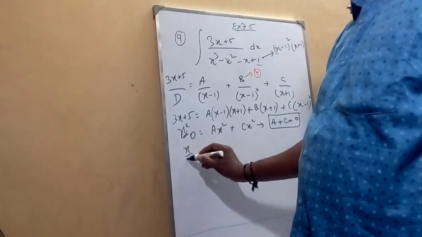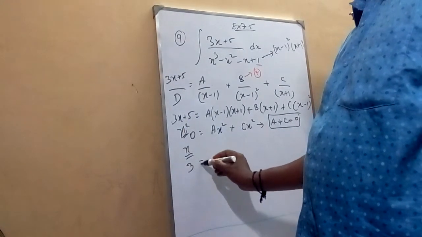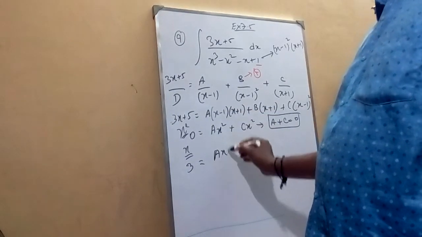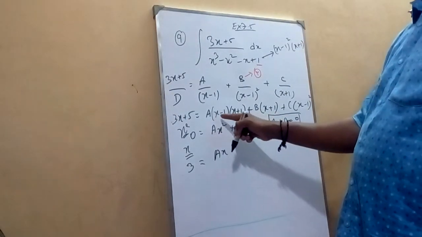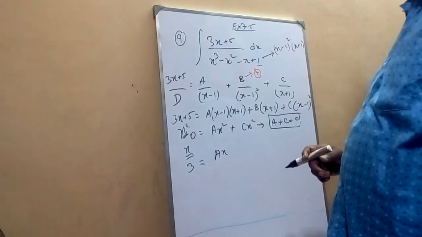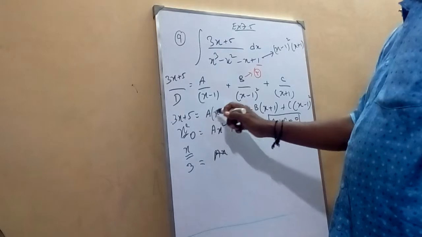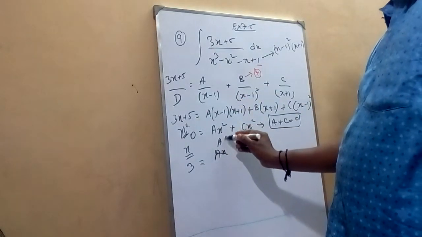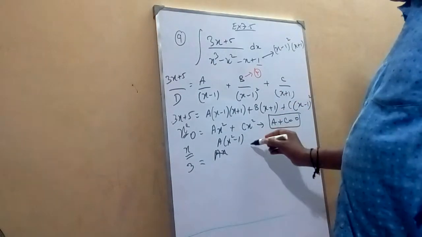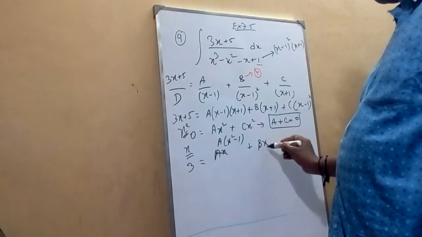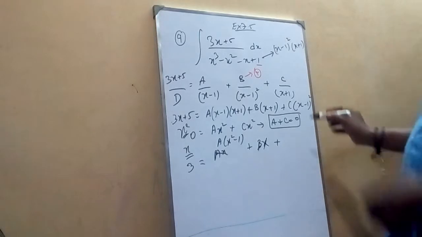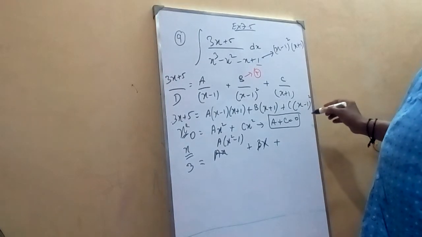Comparing the coefficient of x, it is 3. Here ax into 1, it is not possible because this is a into x square minus 1, so no ax term. So here bx, then here x square minus 2x plus 1.